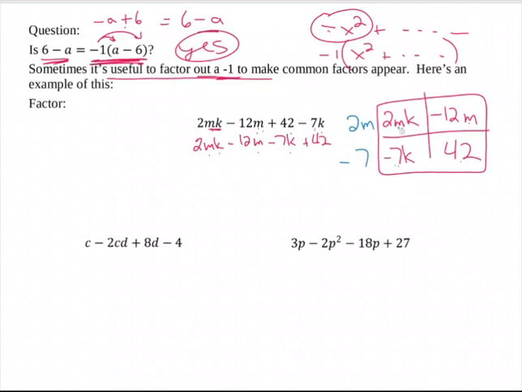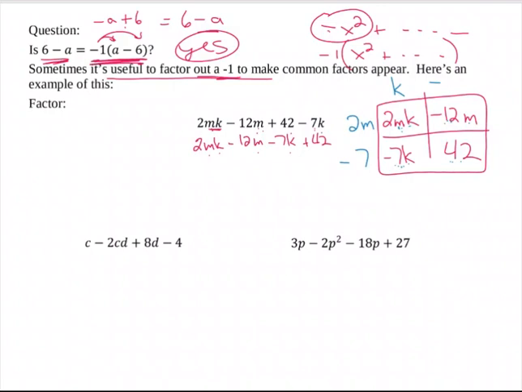Now for the first column, we're looking at 2 and negative 7. So the GCF there is going to be 1. But then we have a K in both of those. So I'm actually pulling out 1K, which I'm just going to write K. And then for the last column, I should say, the lead box is negative, so I'm pulling out a negative. And then between 12 and 42, 2 would work, but that's not the biggest number that goes into 12 and 42.